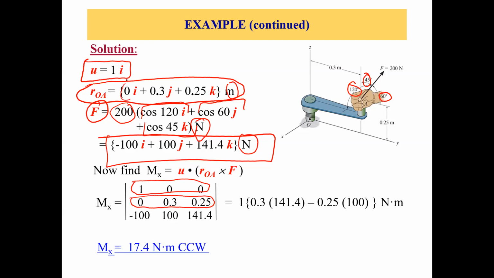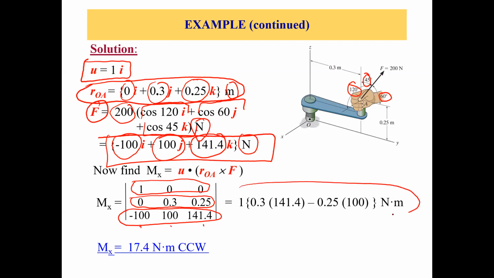Third row is the force vector, so we have negative 100, positive 100, and positive 141.4. So we have this 3 by 3 determinant. Just expand or solve this 3 by 3 determinant and you'll get this.